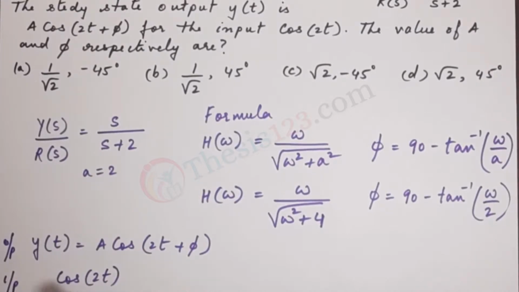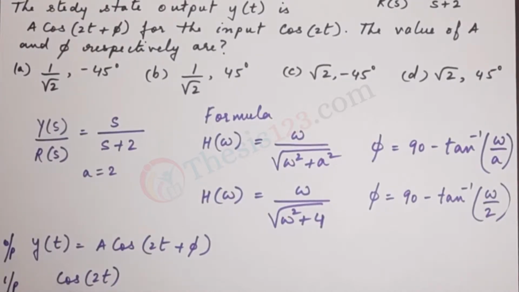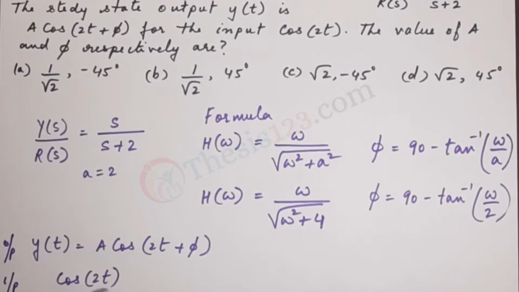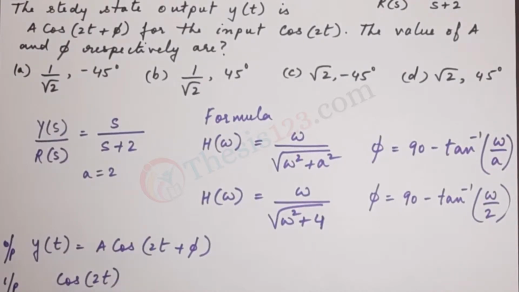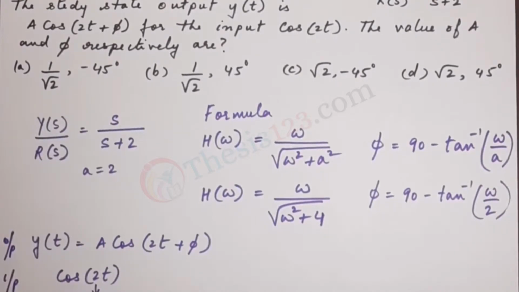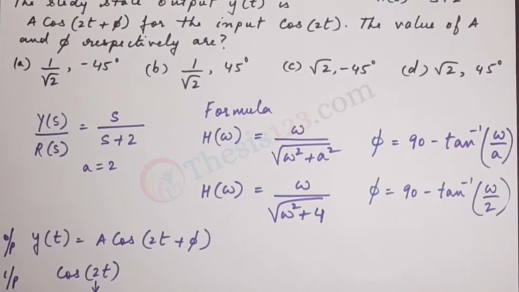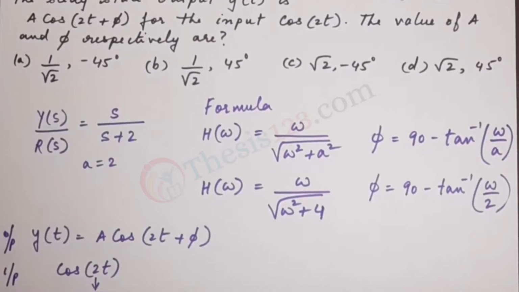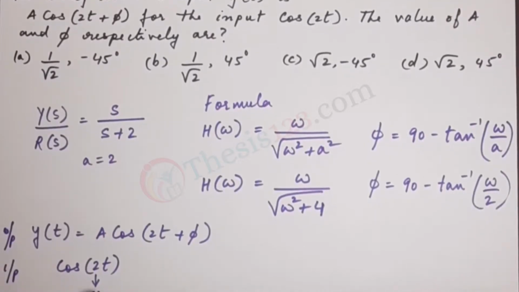In general, trigonometric functions are denoted as cos omega t, sin omega t, and so on. So from the input function given to us, it is quite easy to identify that omega here is 2.